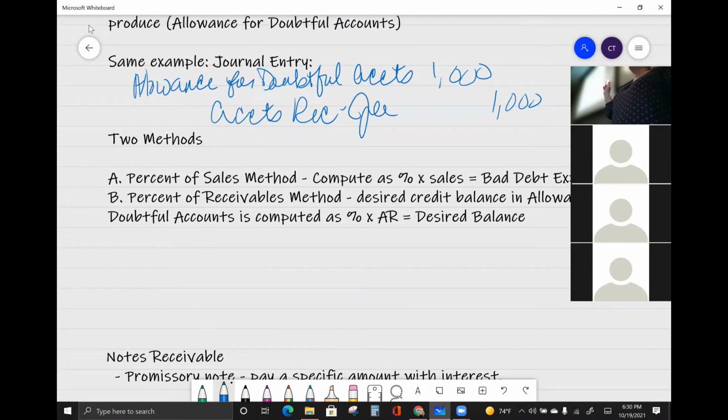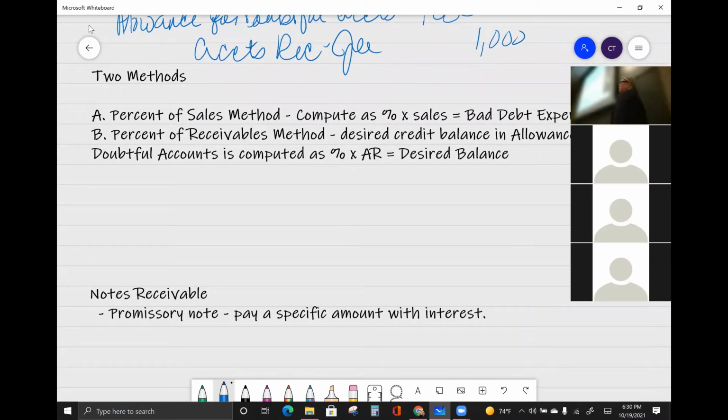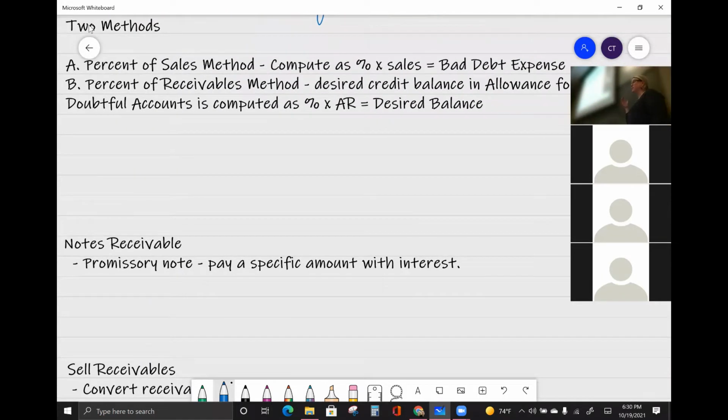Now I mentioned we have two ways to estimate the allowance. So remember, we only do this if we're using the allowance method. And there's two different ways we can do it. One, we're going to be looking for a percent of sales. So that's the percent of sales method. Compute the percent that we decide that we're not going to be able to collect, and we multiply that by the sales.